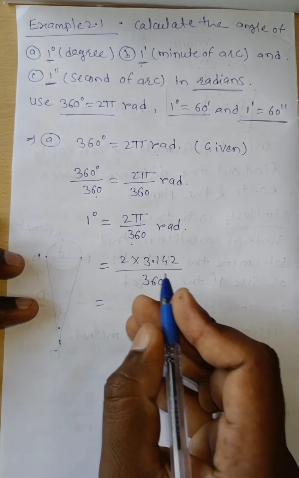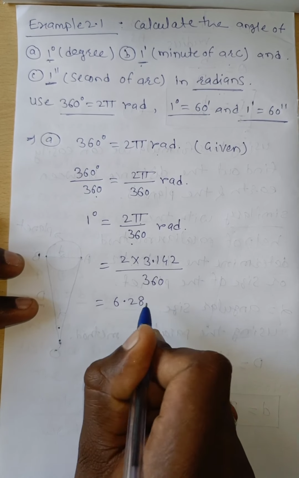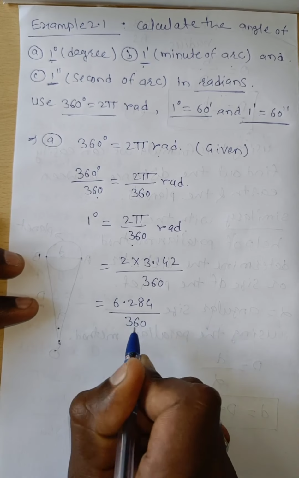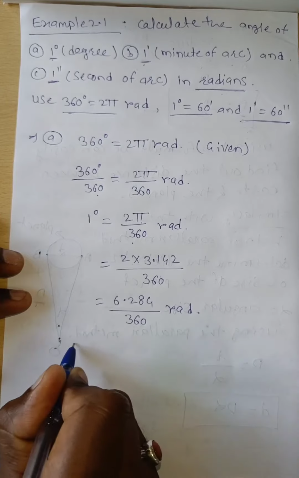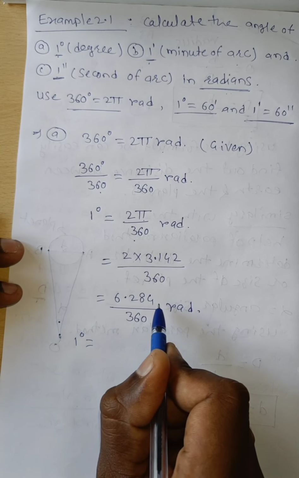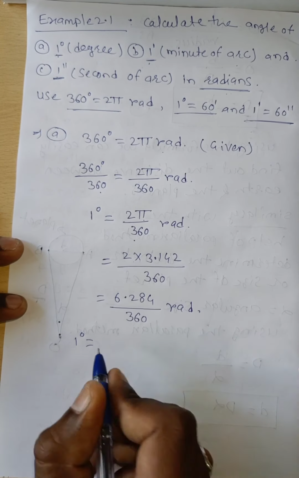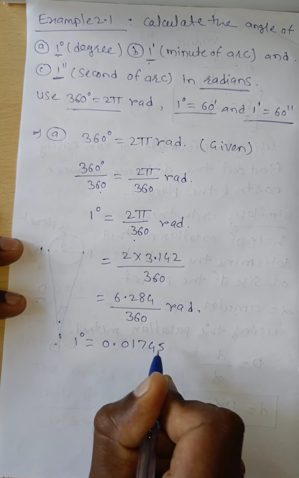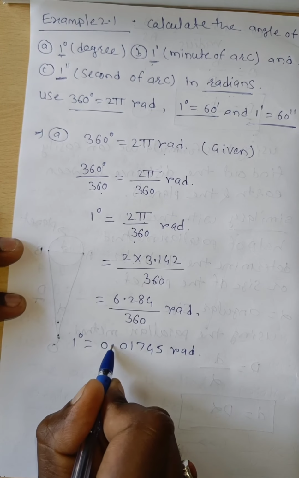This is 6.284 divided by 360, in terms of radians. Therefore 1 degree is equal to 6.284 divided by 360, which gives 0.01745 radians.